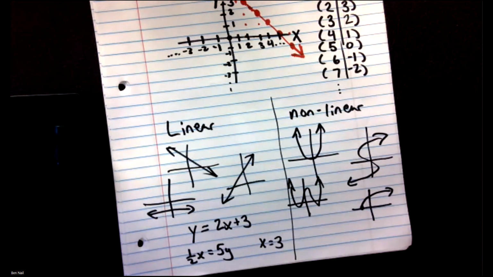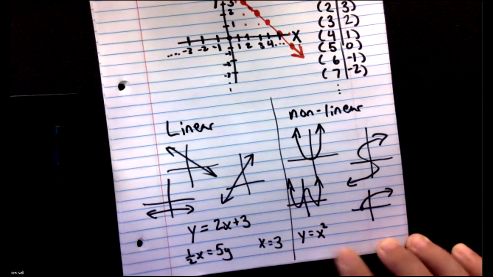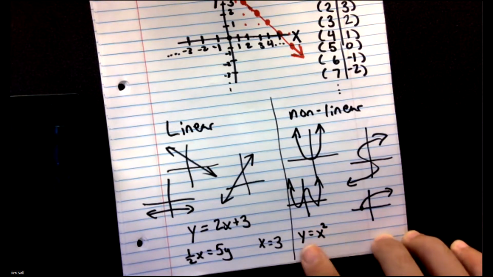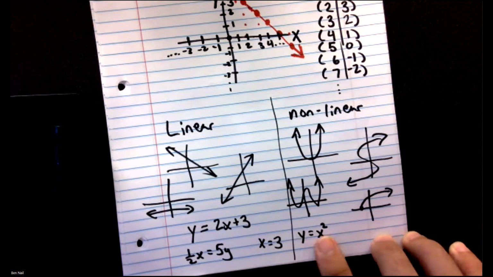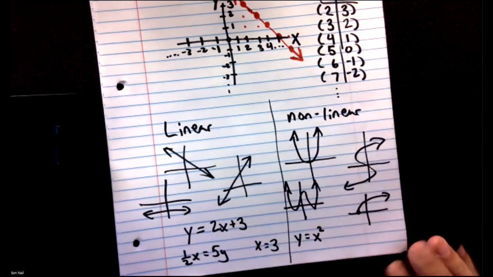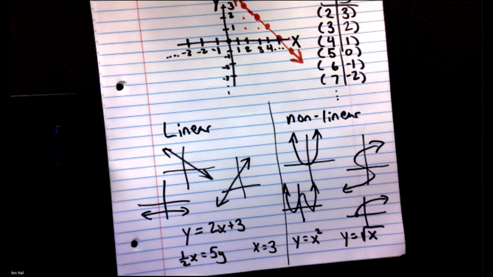You get a non-linear graph from an equation where one of your variables is squared or cubed or taken to the fourth power. So if you start seeing exponents on either variable, that will give you a non-linear function. Or square root.